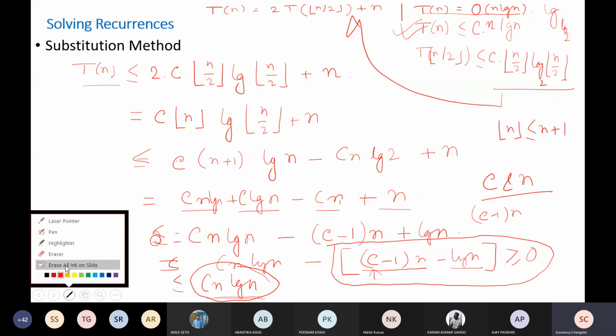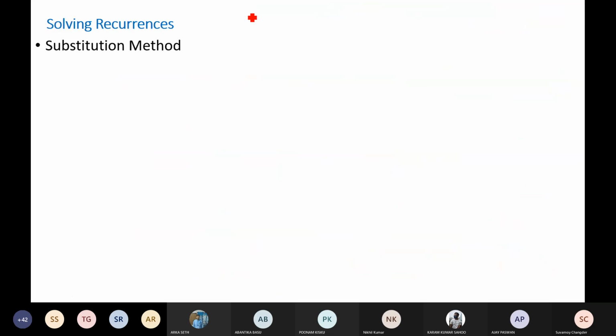How? Here the equation is Tn equals 2T(n by 2) plus n. You can consider the floor value, no problem. And your assumption was that Tn is less than or equal to some constant times n log n, which you have also proved here by substitution. Now consider n equals 1.